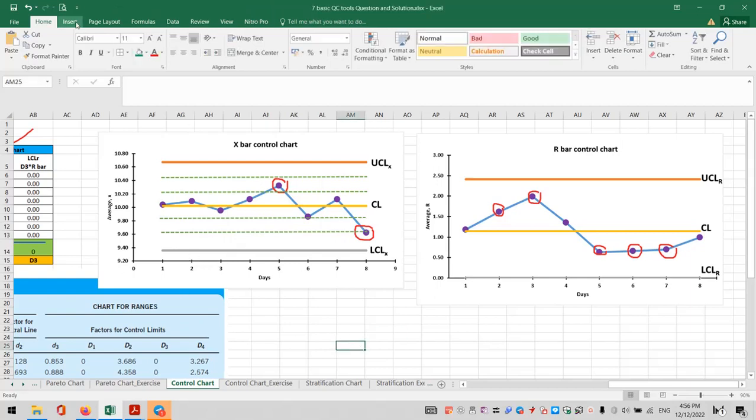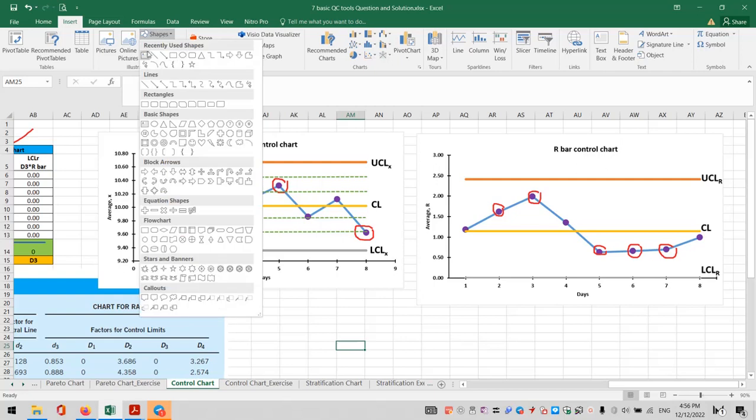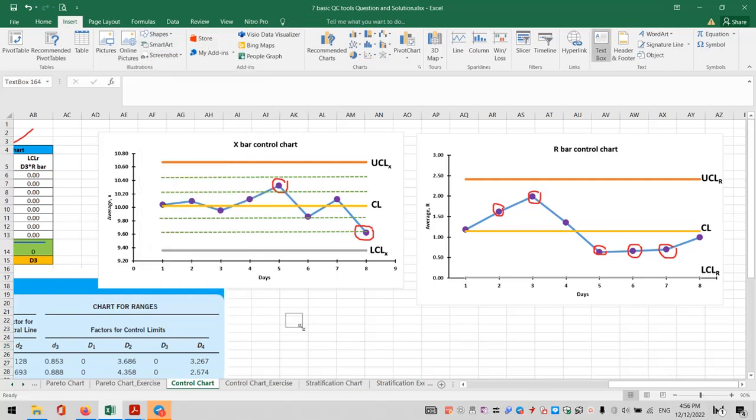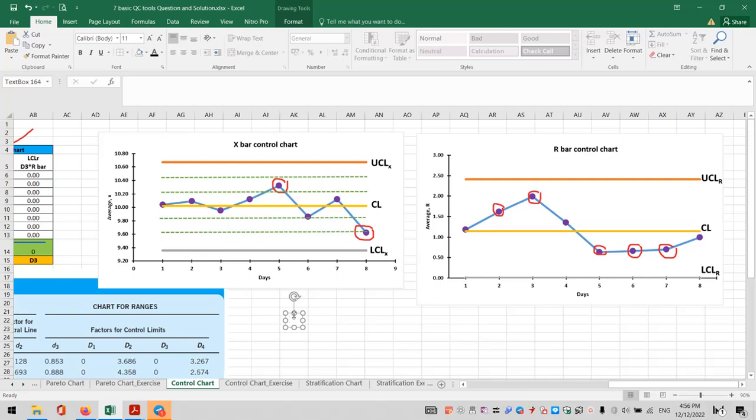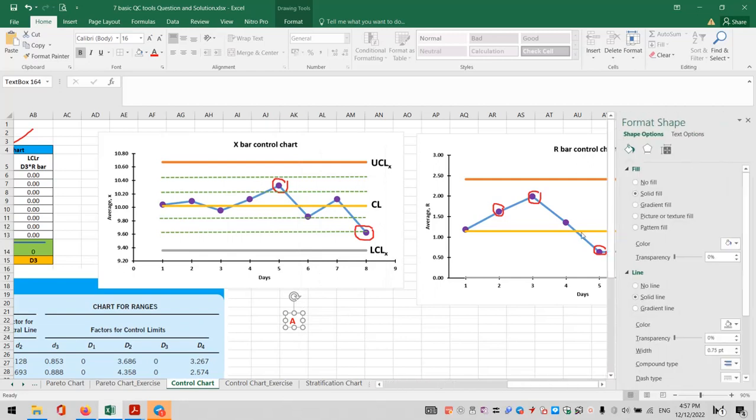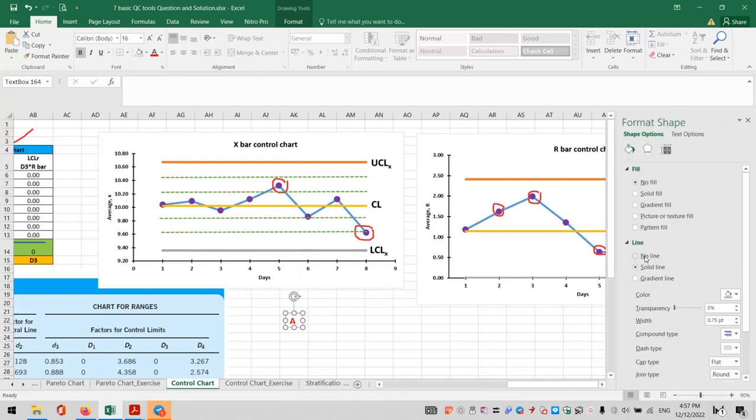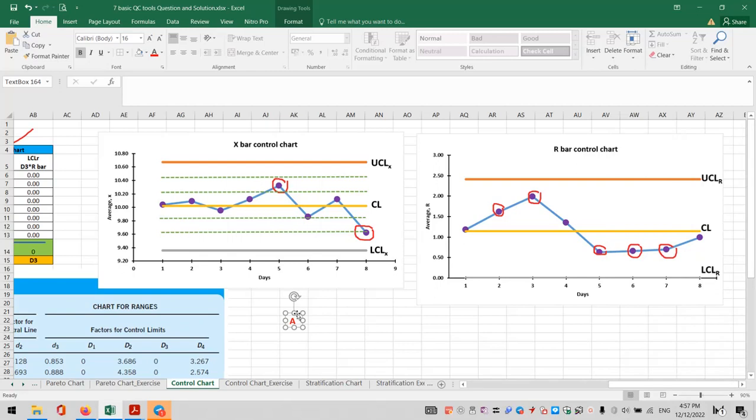Kita ada region A, B, C. Macam dia buat tadi. Ni region. Kita kata ni region A. Di sini.